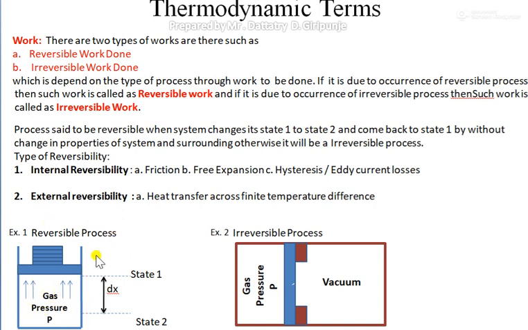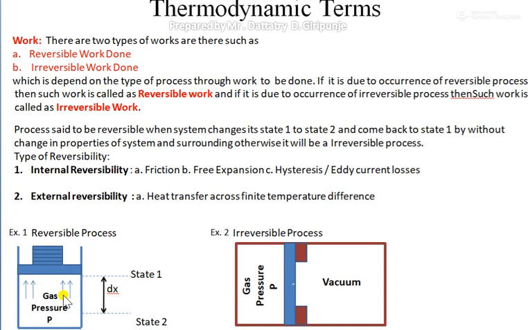So after coming back to state 1, all the properties of the system and the surrounding will remain the same. So instead of adding and putting the weight here, if I make a different arrangement, the system will become purely reversible. And in the true sense, no such system exists in the world which is completely reversible.